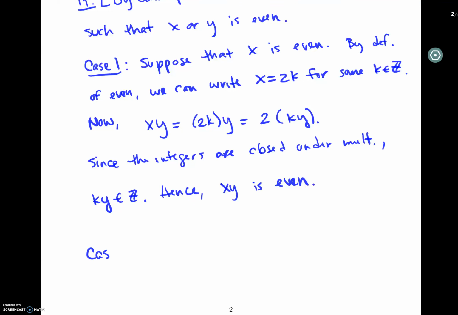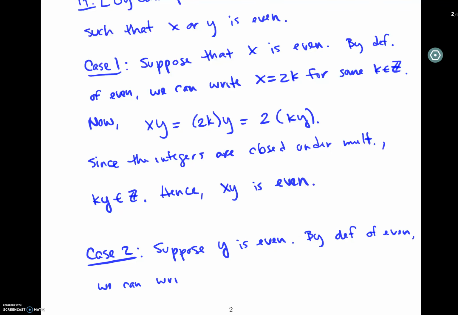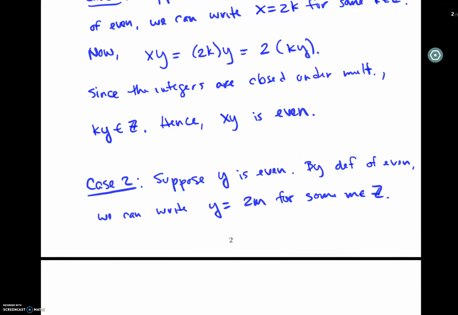Now case 2, what will case 2 look like? Well, if we suppose instead that y is even, then by definition of even, we can write y equals 2m for some integer m, and now xy equals x times 2m, which is equal to 2xm.